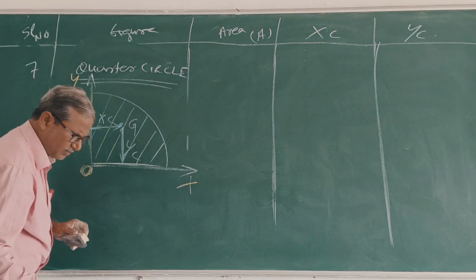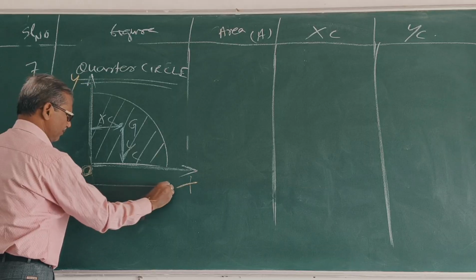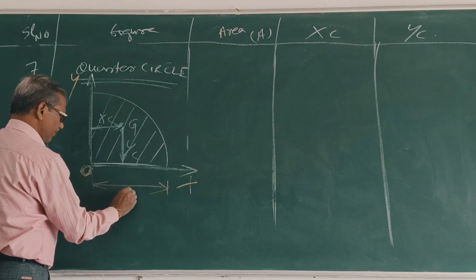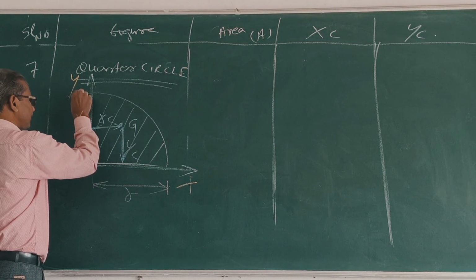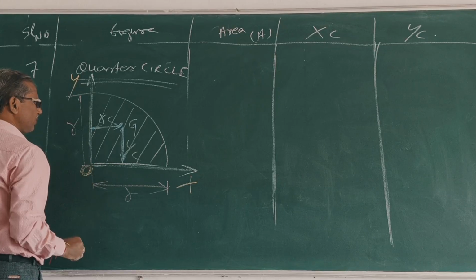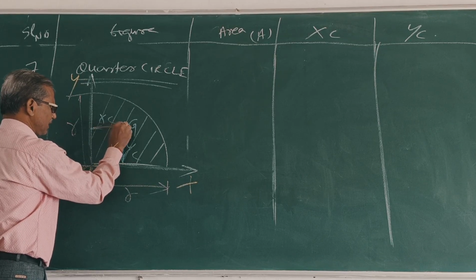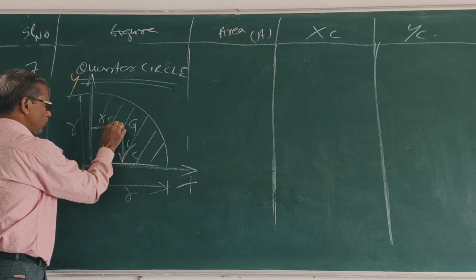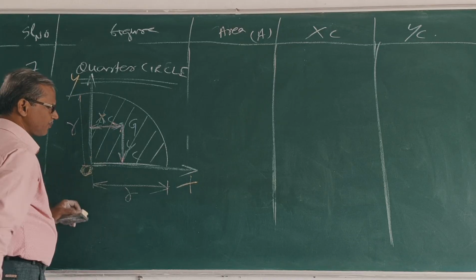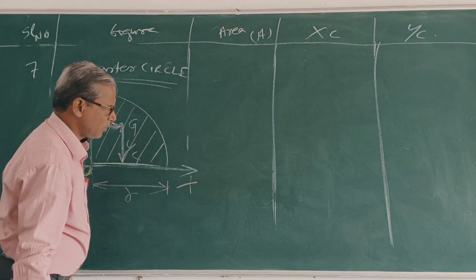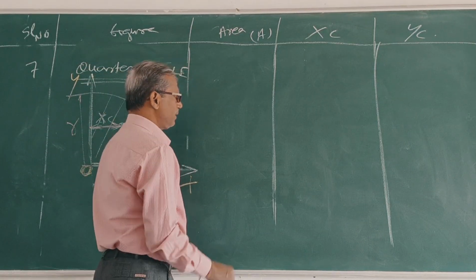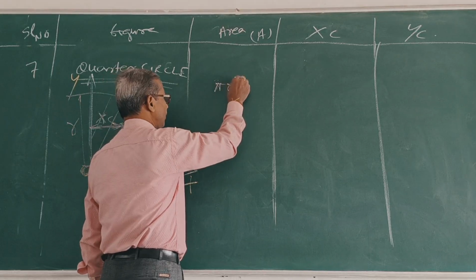R. This radius is also R. So this is XC, and it is equal to YC. What is the area? For the quarter circle, pi r square by 4.